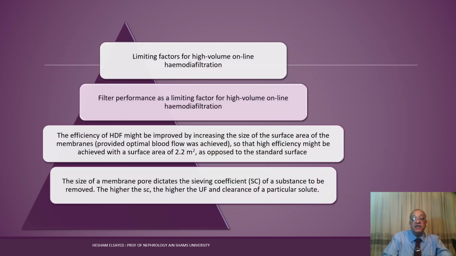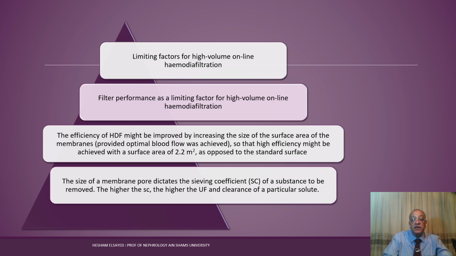So the dialyzer is the limiting factor for high volume online hemodiafiltration, so increasing the dialyzer surface area as well as the internal diameter, which should be at least 200 micron, improves the dialysis performance during hemodiafiltration.